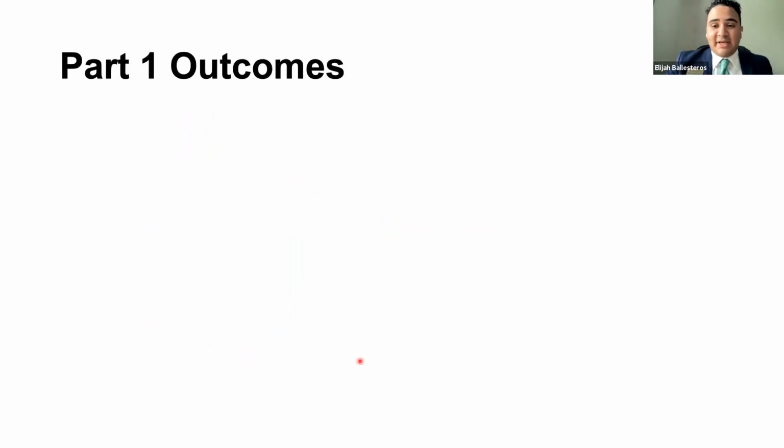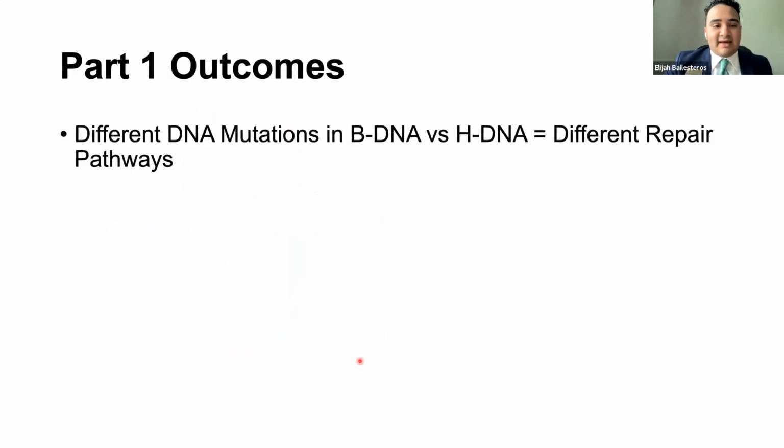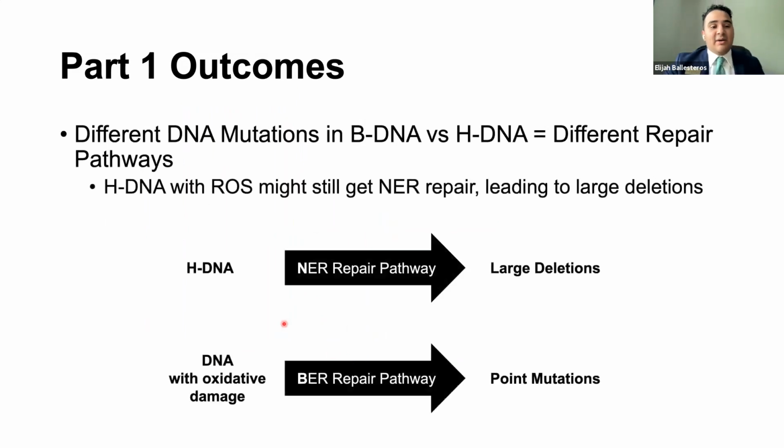So what does this mean? Well, it might indicate that different repair pathways were involved. And specifically, HDNA with ROS might still get NER repairing, which is leading to the great increase in large deletions.